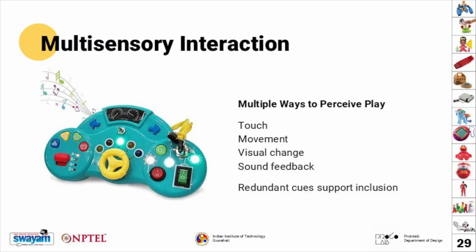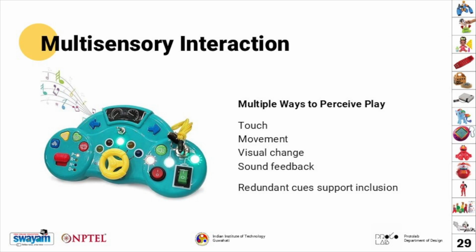Different children rely on different senses during play. Some watch carefully before acting. Some rely on touch. Some respond to sound. If a toy communicates through only one sensory channel, participation becomes uneven.